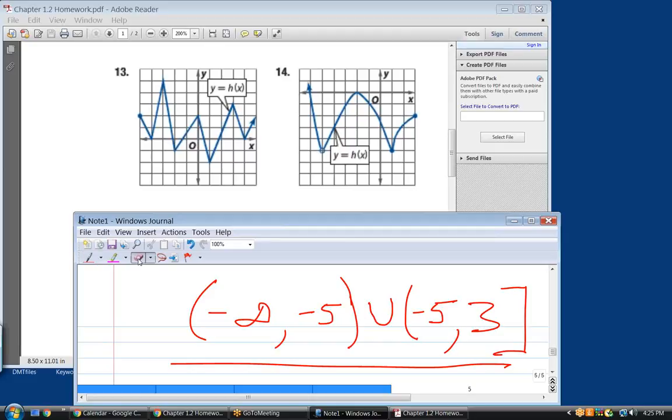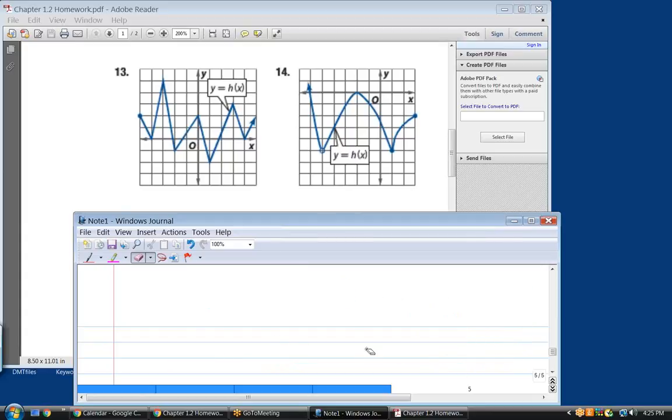Okay. What's the range? The range is... so it starts off at, wait, there's 2. Okay. So I'm going to have to do the same thing I did before. No? Oh, I wouldn't? What's the low end of the range? 1, 2, 3, 4, 5. Negative 5.